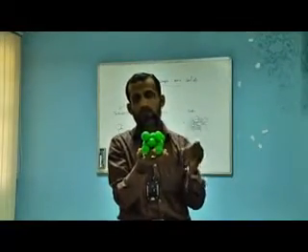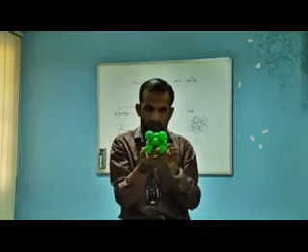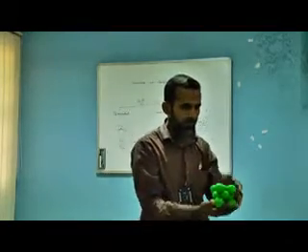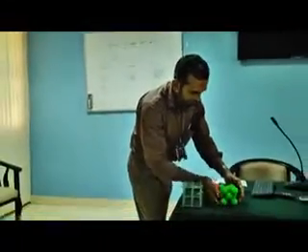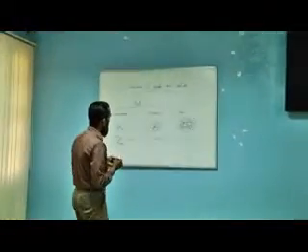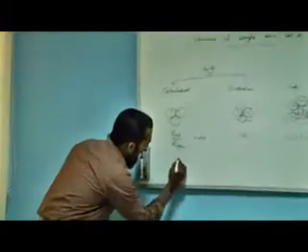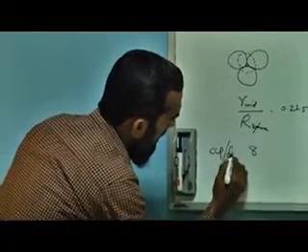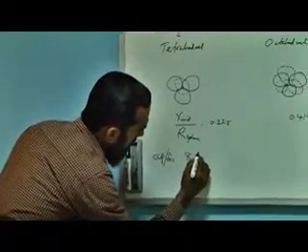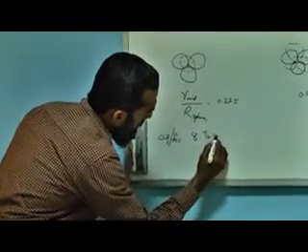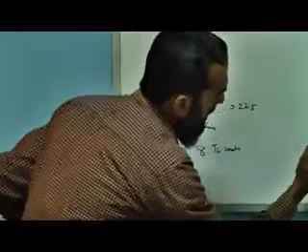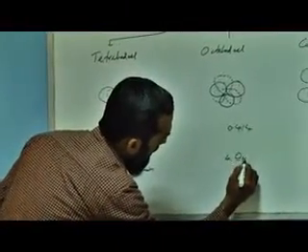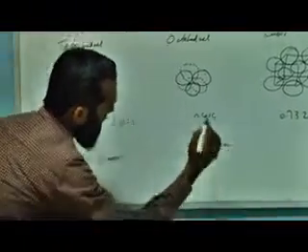So 1/4 × 12 is 3, plus 1 fully inside, it is 4. So we come to the conclusion that in the unit cell of CCP or FCC, there are 8 tetrahedral voids, and there are 4 octahedral voids. Right?